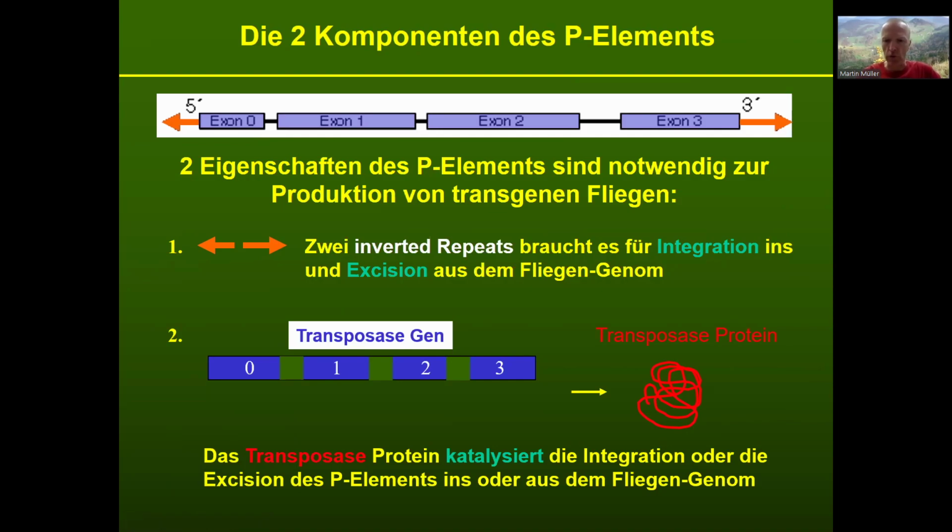That's very important. So people said, this is very interesting. If we separate these two components onto two different plasmids, we can control the insertion of a transposon much better than if we have a plasmid which contains both of the components.